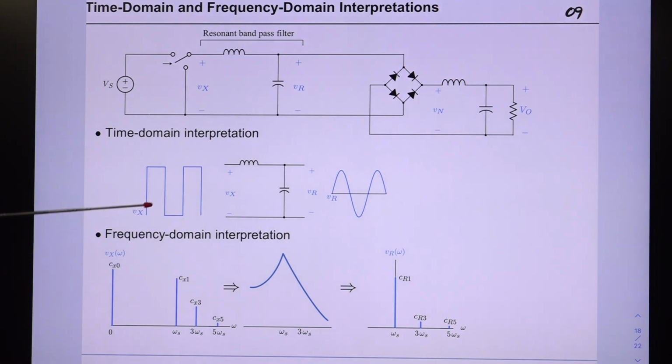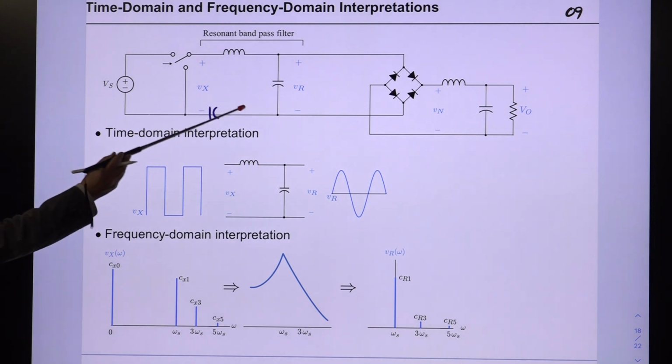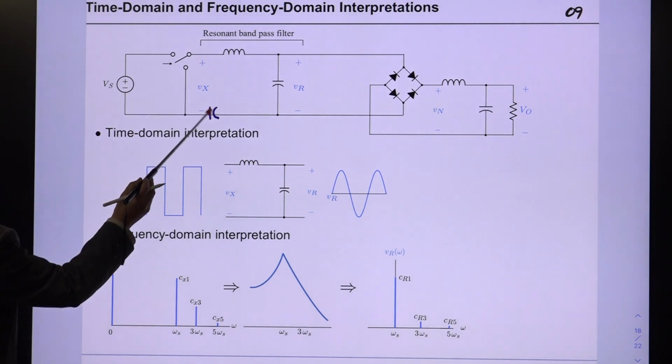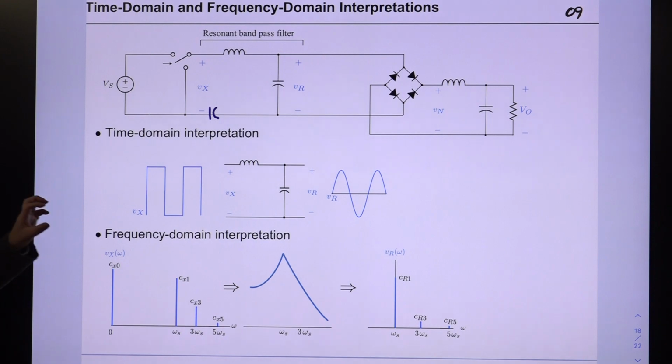It has the DC component, because this value is 0, and this is the Vs. Actually, I forgot to put this DC blocking capacitor. The value of the DC blocking capacitor is much larger than this, so the combination of this is doing nothing. It's just blocking the DC waveforms.